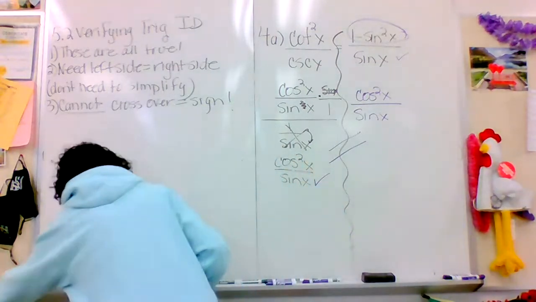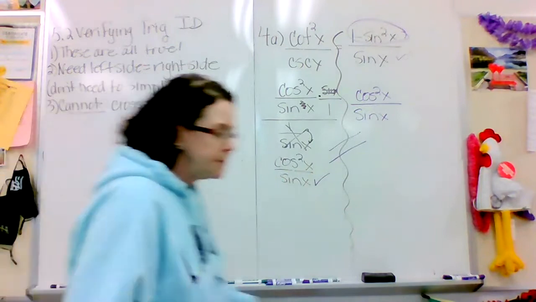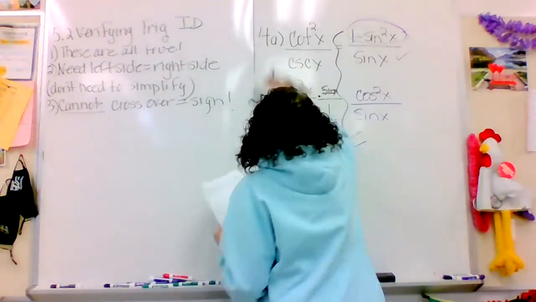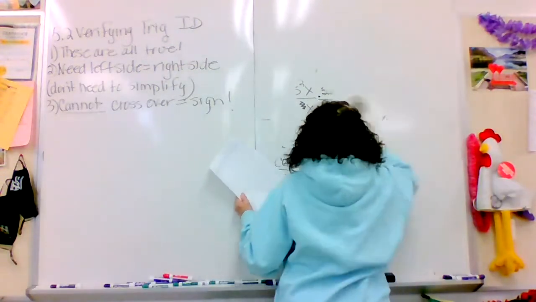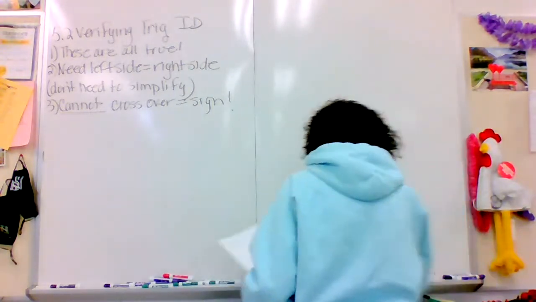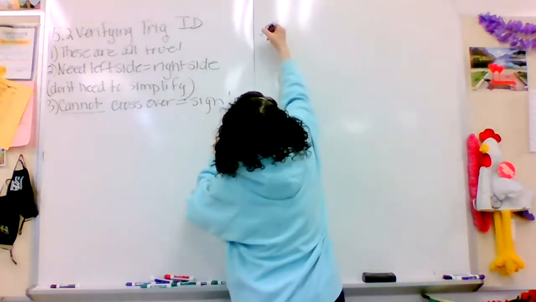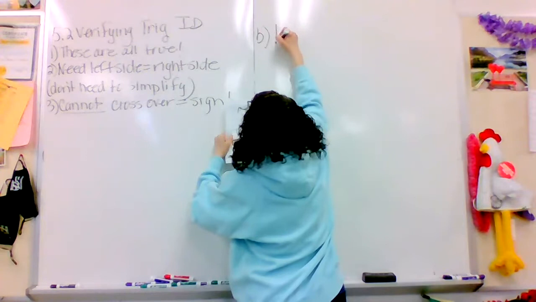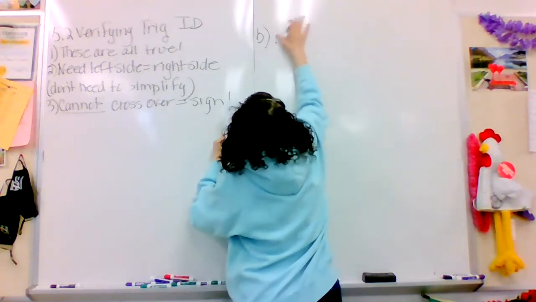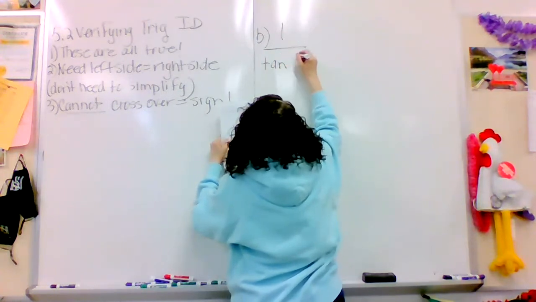Let's try B, 4B. I lost my little paper. Here it is. All right. Here's B. 1 over tangent alpha.